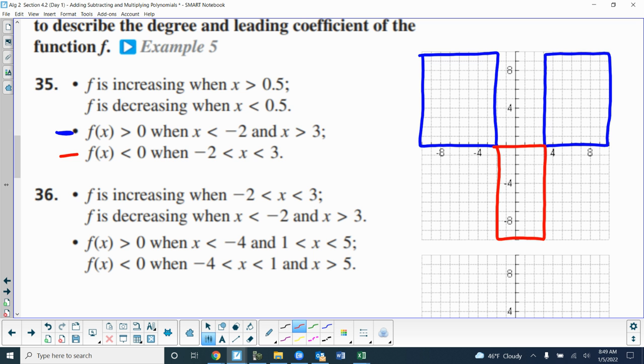Now, increasing was greater than a half. Increasing, we did green, right? So a half is right here, x value, right? So it starts going up somewhere in here. I guess it doesn't matter where. Remember, it didn't matter where down here. So let's say right here at a half, and then it starts going up. And then these changes of positive and negative spots, at that -2 and that 3, is where it'll cross the x-axis.